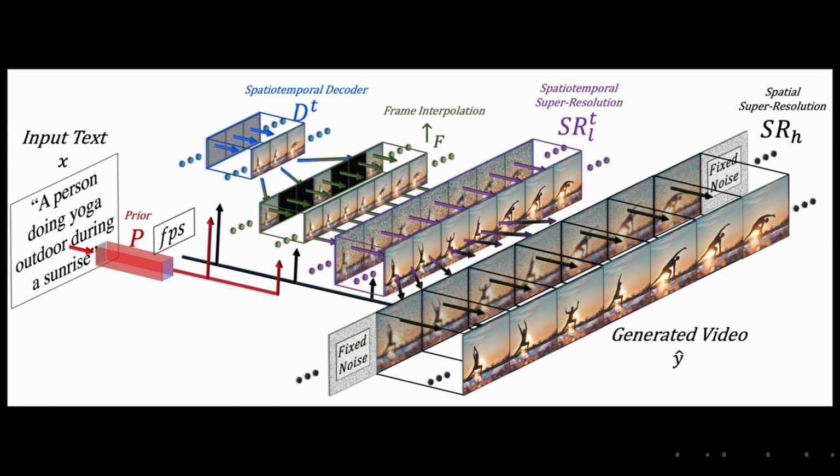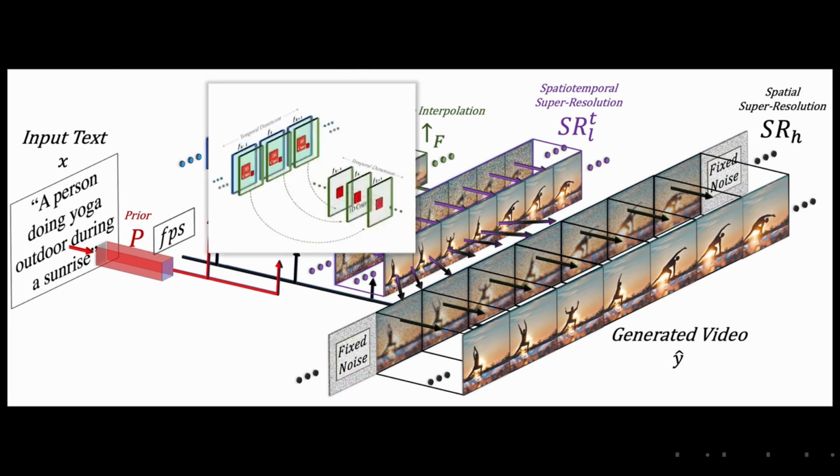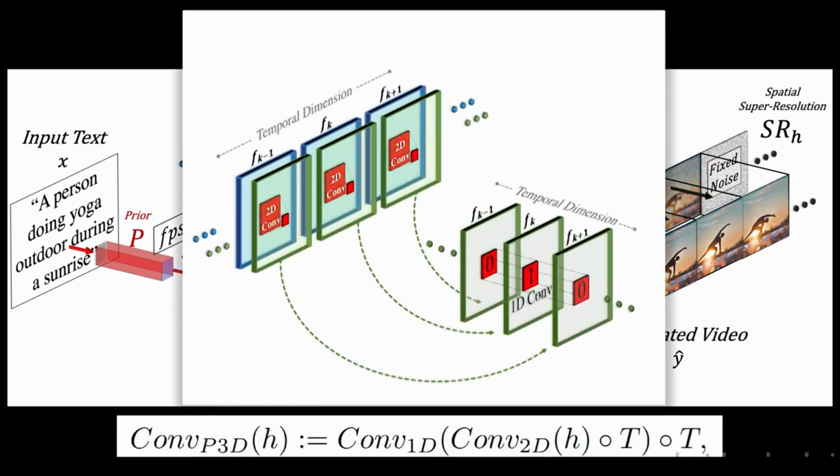Due to the complexity of modeling video, several spatio-temporal pipeline components are introduced to refine the generated videos, such as those found in Make-A-Video from Meta AI. First, a spatio-temporal decoder is utilized, which takes the text prompt and generates a 16-frame video at 3 frames per second.